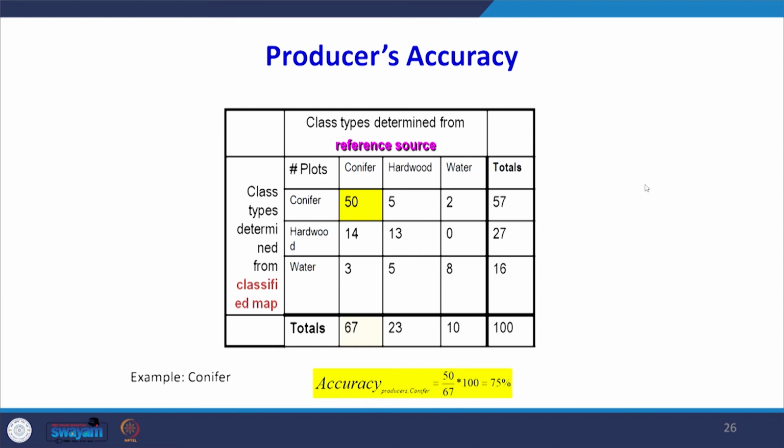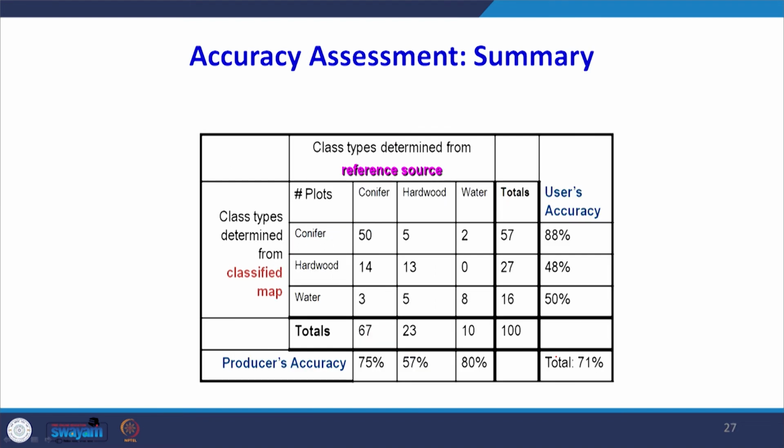If we go back to our table here, then the producer accuracy would be 50 divided by 67, the total number of pixels being 67, multiplied by 100. So, here we are getting 75% producer accuracy. You can see here the user accuracy, producer accuracy and overall accuracy are all different figures and convey different meanings.